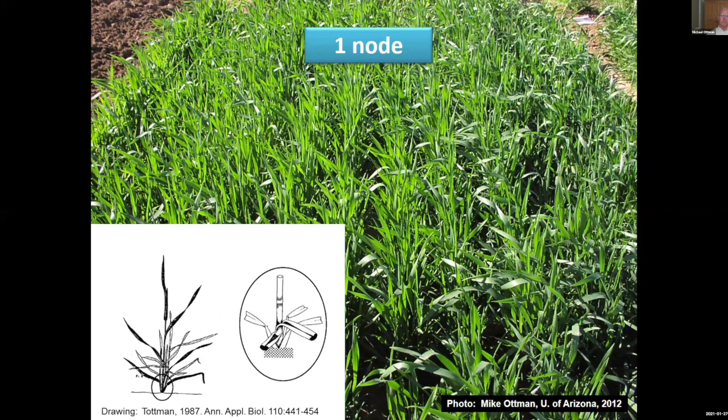You could put one mark on the third leaf, and you could put 2 marks on the 5 leaf, different things like that, so that if you really wanted to follow the leaves, you could do that. With most of our wheat varieties, they develop about 9 or 10 leaves.